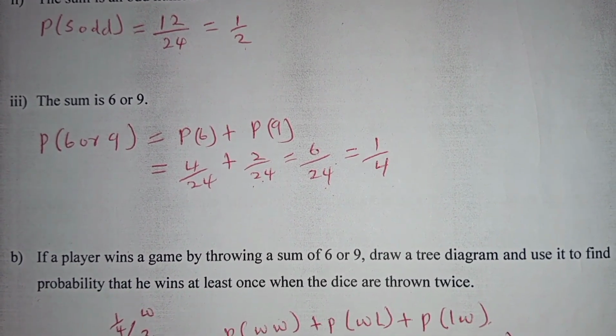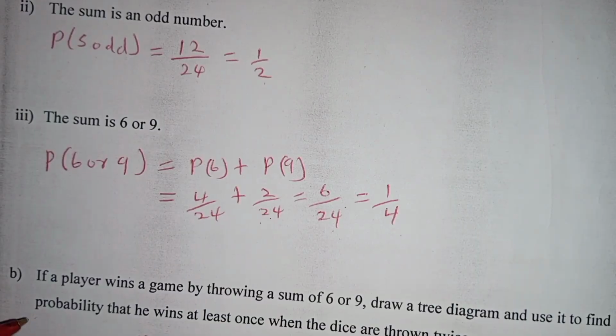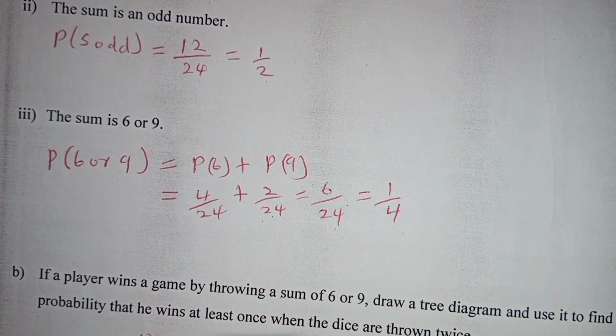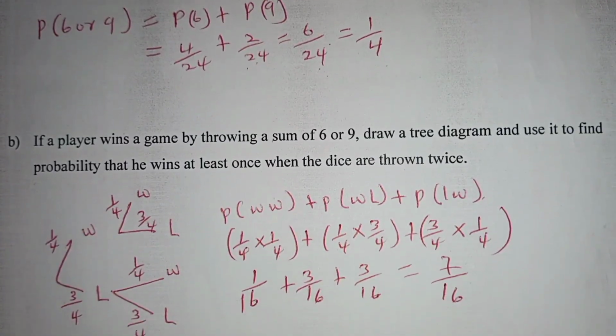So here you are going to make use of the probability that the sum is 6 or 9. We have obtained it here, it is 1/4. So that is what we will make use of in this question here.